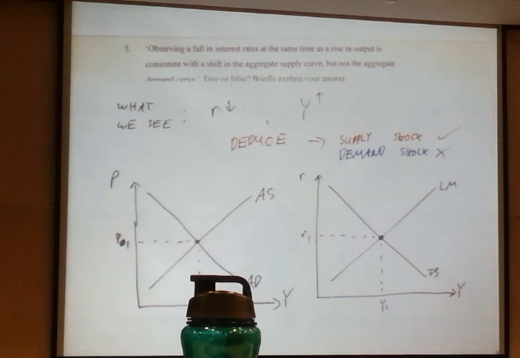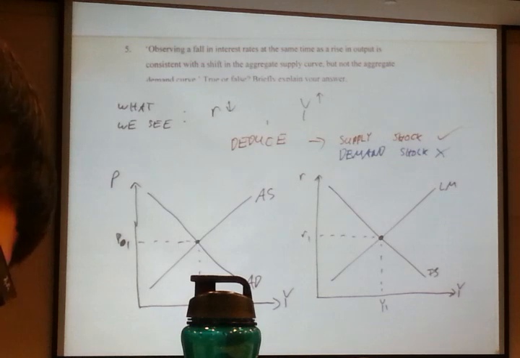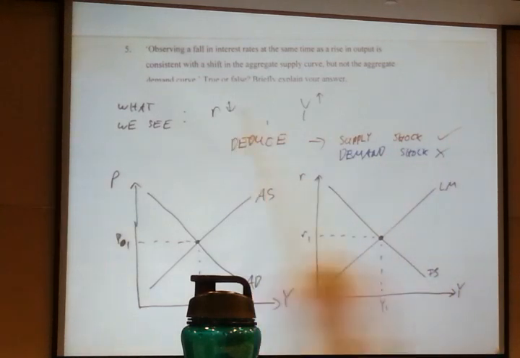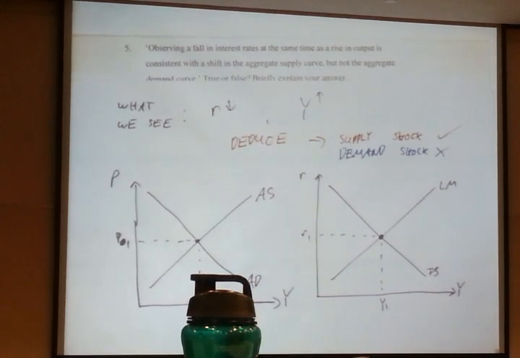Now, the question is really in two claims. One, a supply shock would lead to interest rates falling and output rising. That's the first part. Second claim, a demand shock would not lead to this pattern.